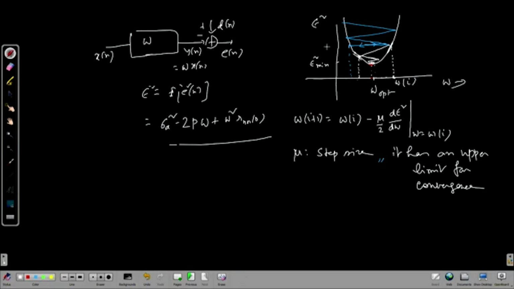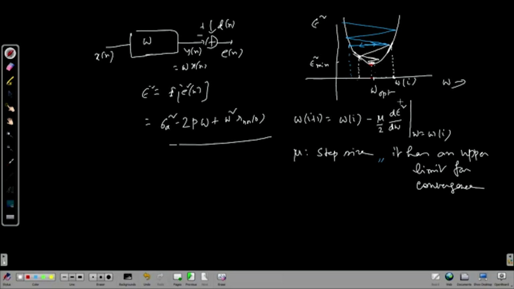If it is a function of many variables, suppose it is a function of two filter weights W0, W1, then this plot will be a bowl kind of thing. So, at any point I take a gradient both with respect to W0, W1, and I carry out the subtraction. So, basically I go down along the direction of gradient, that is the steepest gradient.